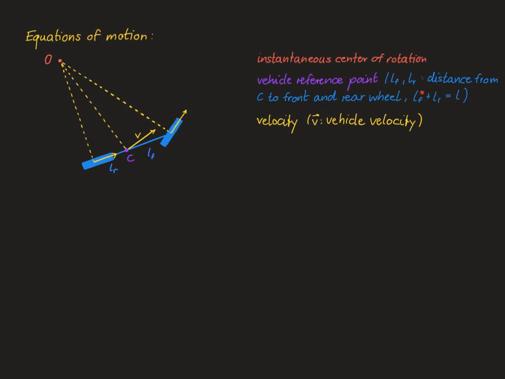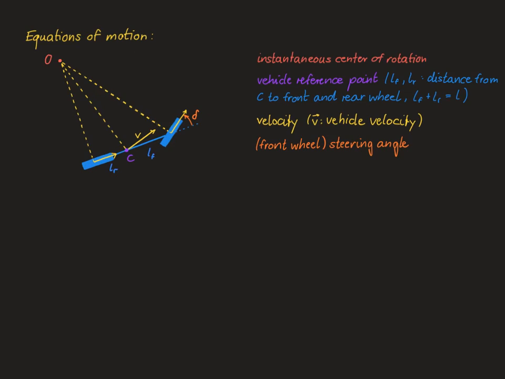Obviously, we have LF plus LR is equal to L, the wheelbase. The model has a single steering angle, namely that of the front wheel, which is called delta, and it's defined as the difference between the kinematic bicycle's heading angle and the heading angle of the front wheel.